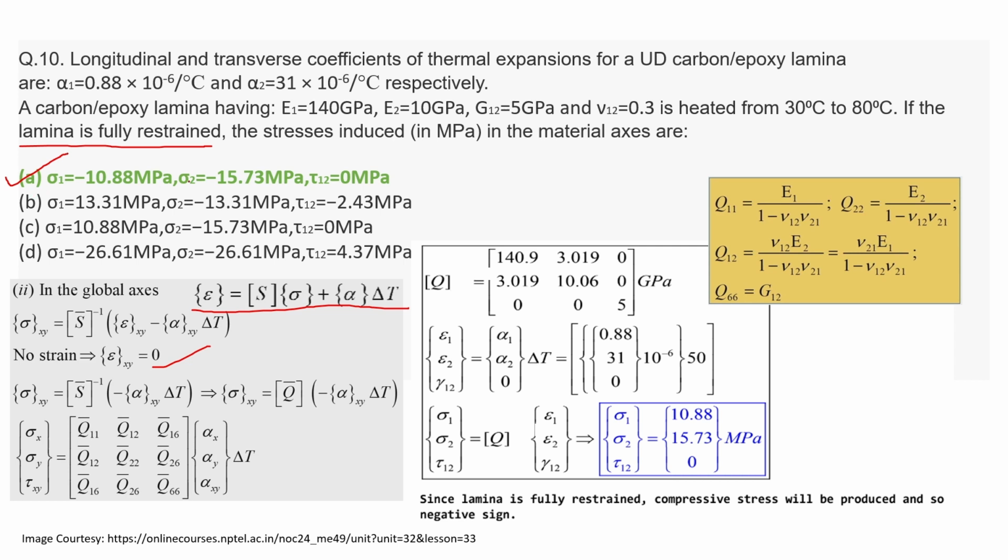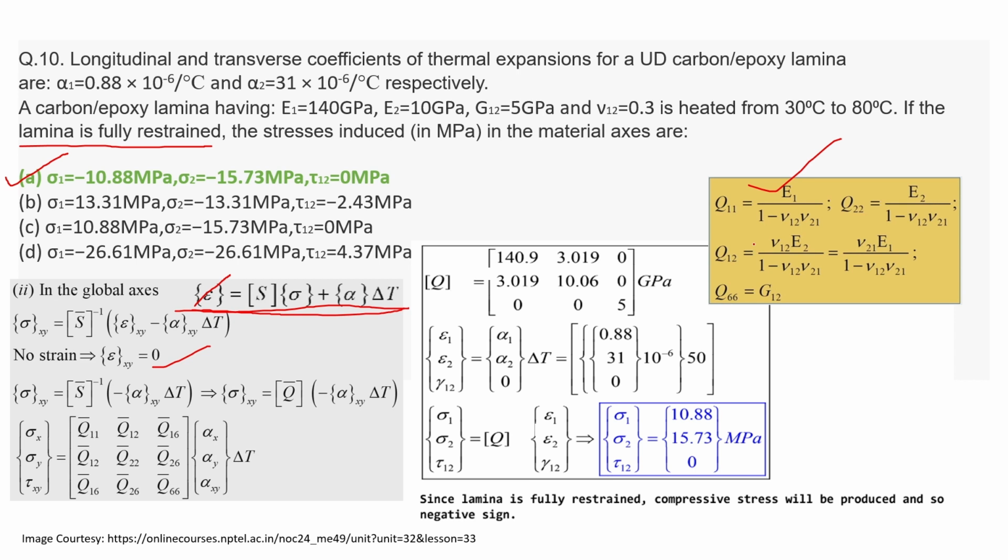So we have started with this equation of strain, and then we put the condition that the lamina is fully restrained. That means the value of epsilon will be equal to 0. From that we have to find the value of stress. So stress will be equal to the inverse of the compliance matrix multiplied by minus alpha delta t, and the inverse of the compliance matrix will be the stiffness matrix, and to find the stiffness matrix we are given the engineering constants.